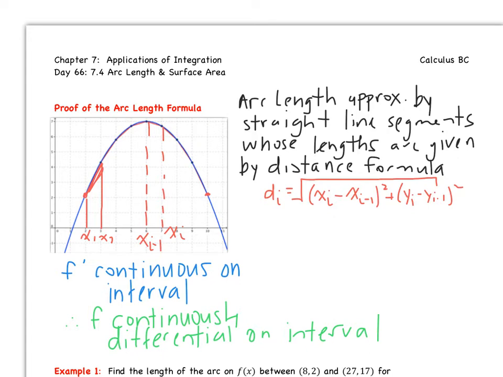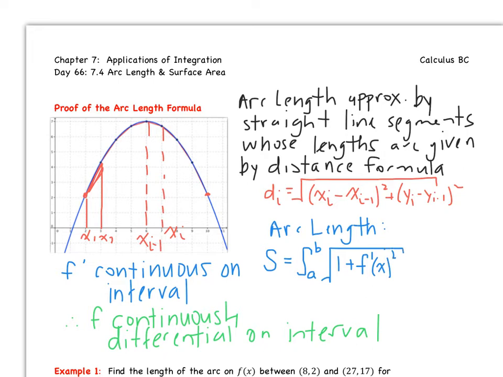So arc length, which we call S, is equal to the following. If we're looking on the curve from a to b, S is equal to the integral from a to b of the square root of 1 plus f prime of x, squared, dx.